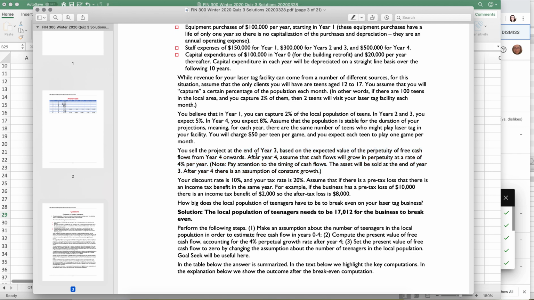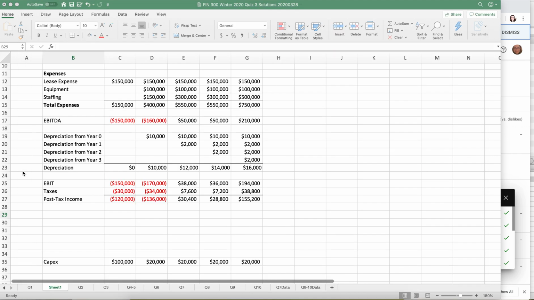So we're going to assume that cash flows grow at 4% per year, and we want to look at the free cash flow from there. Okay, so let's put somewhere over here, the growth rate is going to be 0.04, and we need to capture the free cash flow.